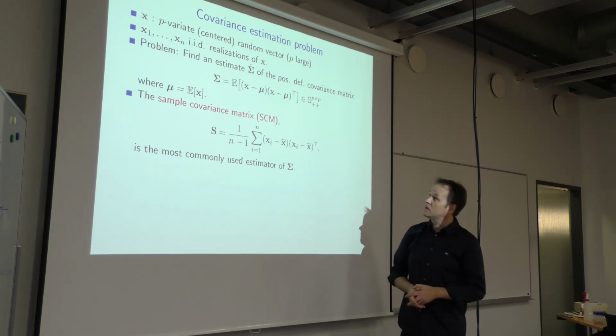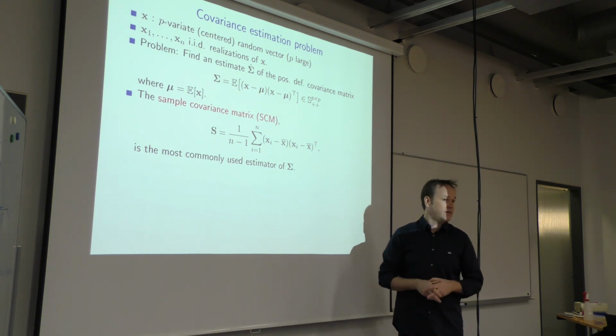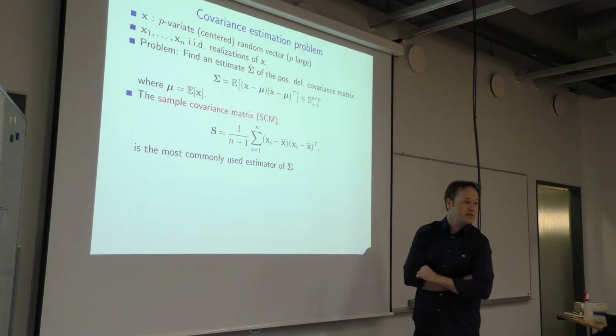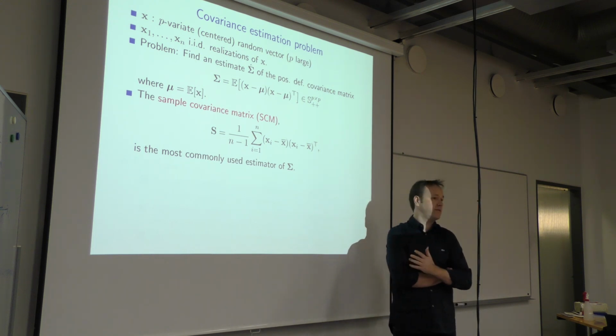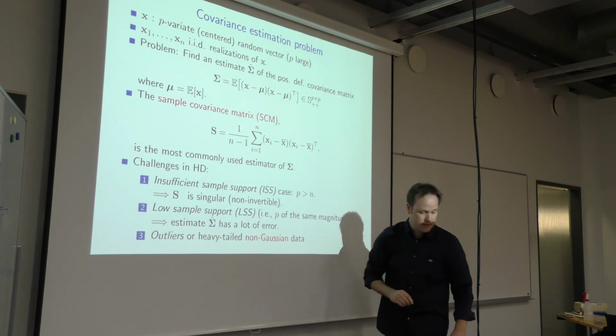We would like to estimate the covariance matrix sigma, which is a symmetric and positive definite matrix. The most commonly used estimator for this parameter is, of course, the sample covariance matrix, and it has various nice properties. We know that it's a maximum likelihood estimator for the Gaussian distribution, and it's also an unbiased estimator. So those are the good properties of that.